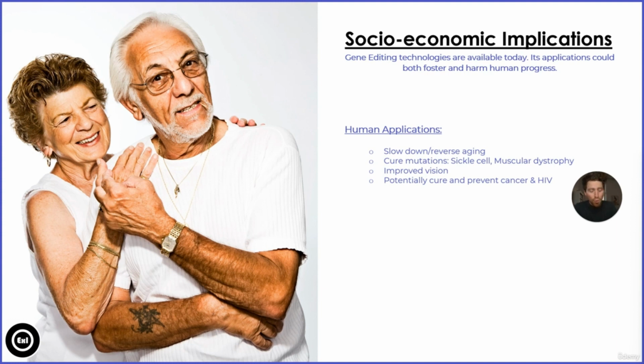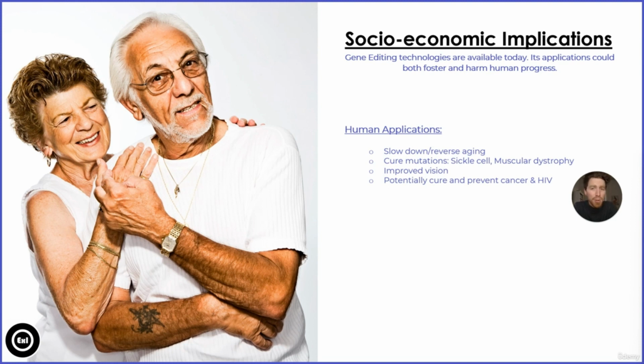Already, people who lost vision or have diseases leading to decreasing vision have been treated with gene editing to improve their vision, and some experts even claim that it can be used to enable the blind to see again.